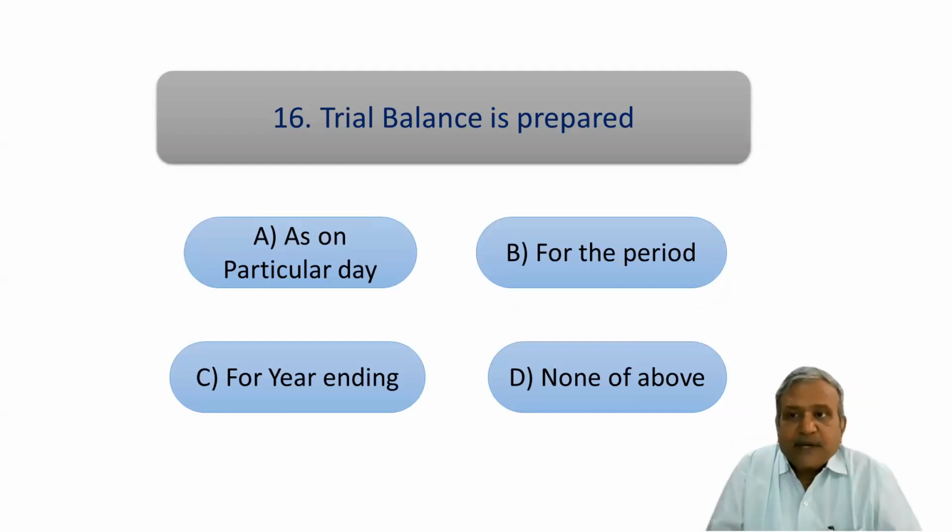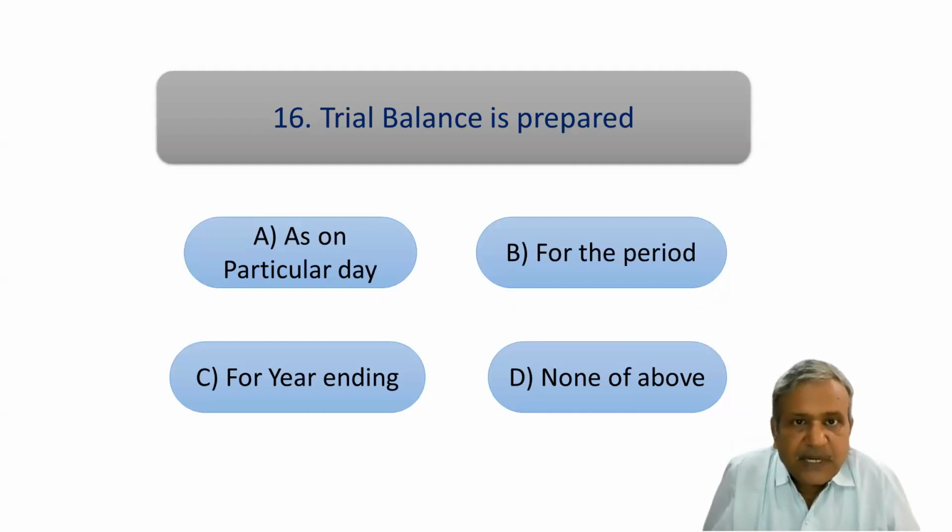This is also very, very important as a practical accountant. Trial balance is prepared: A, as on a particular day; B, for the period; C, for the year ending; D, none of the above. Naveen says B, for the period.